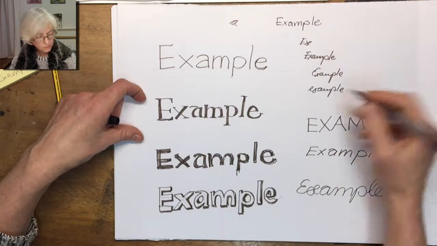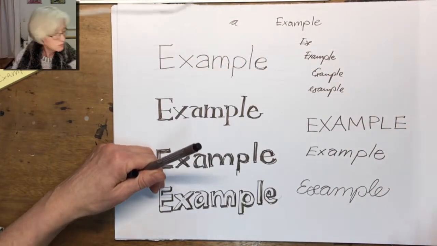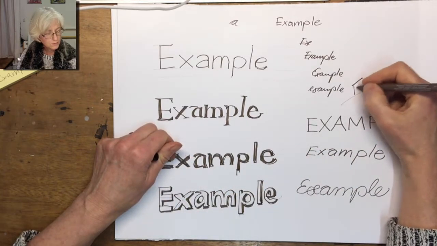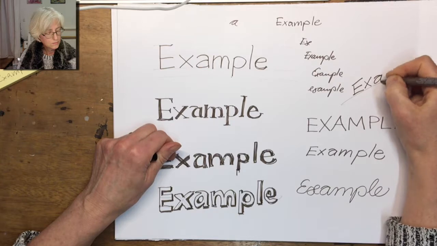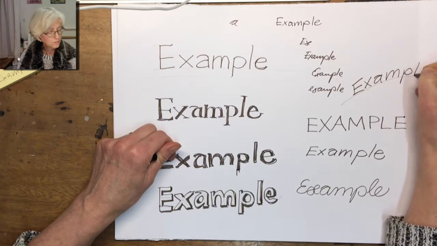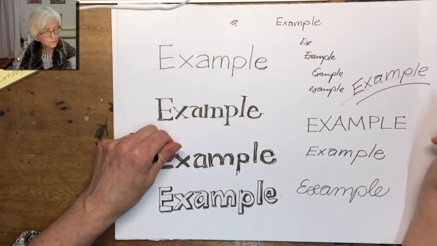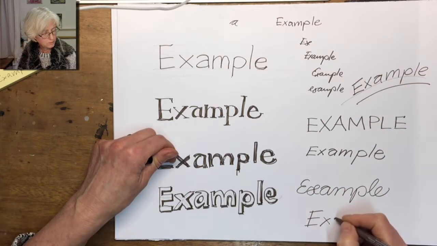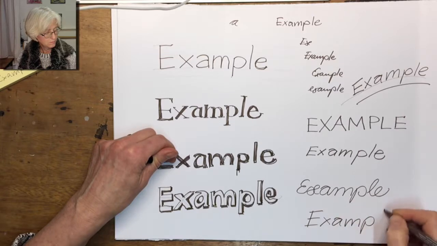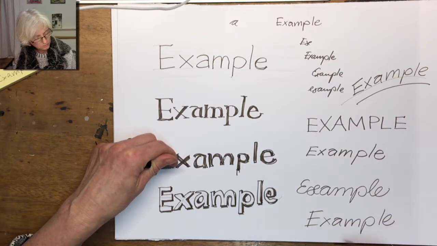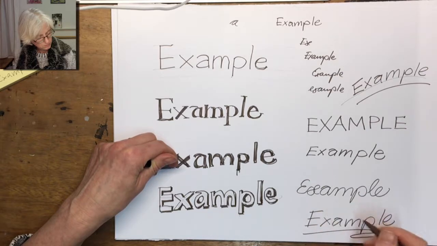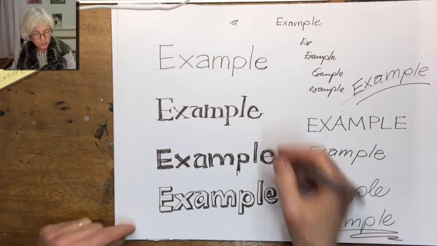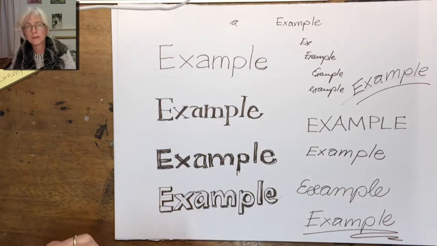You can also make a line and write it on here. You can do it like this. Oh, there are many possibilities. Yeah, now you have some possibilities here to write your words.